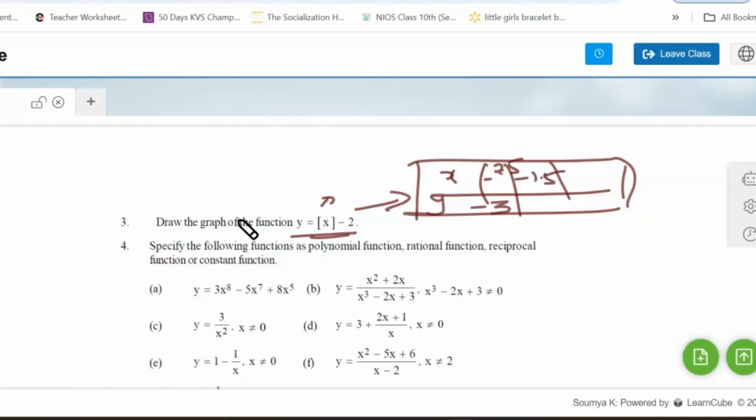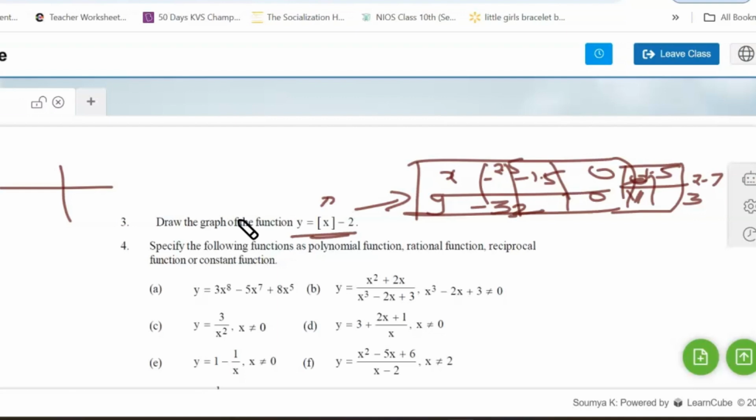If it is minus 1.5, it will be minus 2. 0, 0. And the next value is 1.5, then it will be 1. 2.7, it will be 3. So in that manner, if you solve and find out, you will get a straight line. Okay, substitute it in a graph, and from the graph you can plot the required graph.